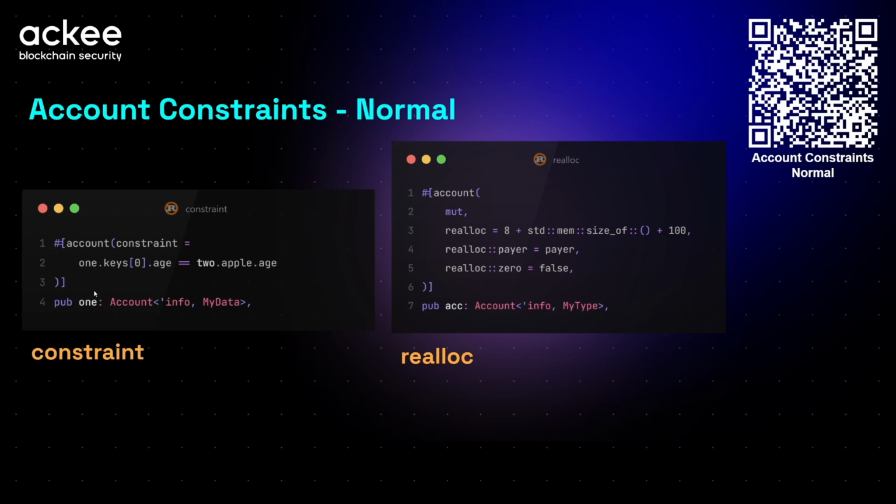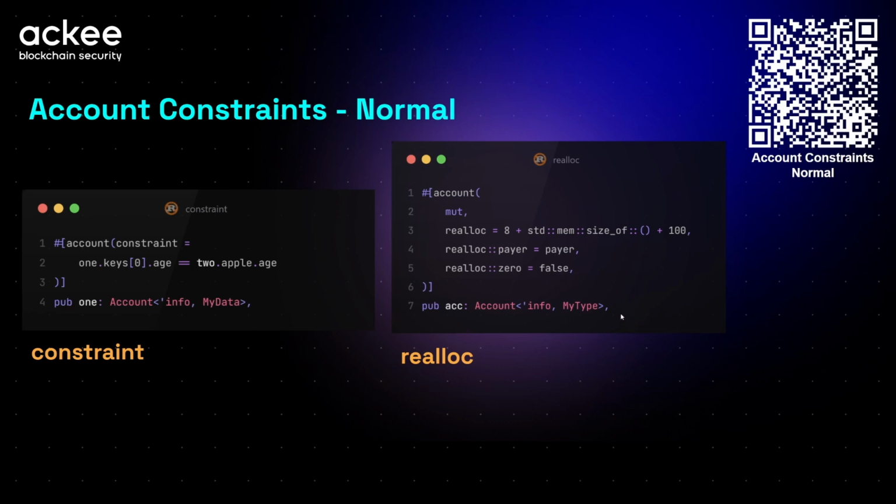You see that within this example, the constraint is specified such that the my data account, the data account storing the my data struct, checks that some kind of age field is equal to two.apple.age, where two is another my data account.